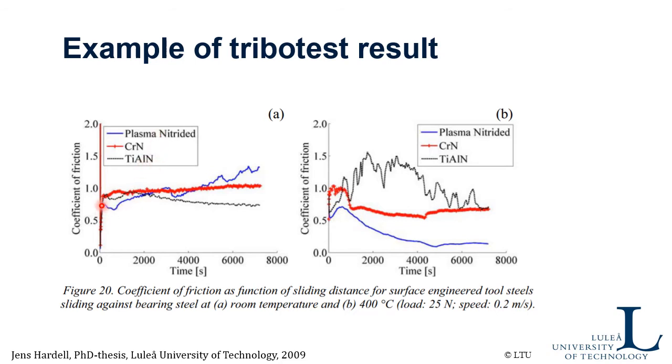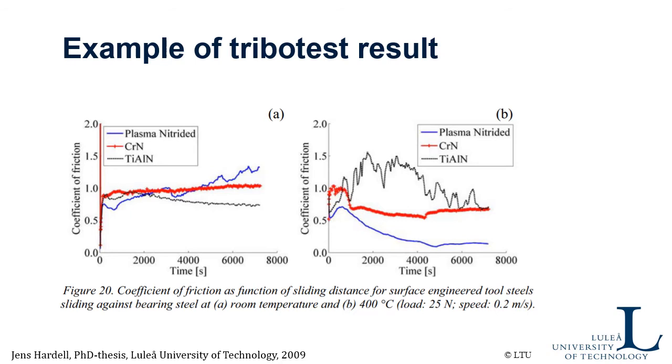In this case the friction coefficient is very high because it was a high temperature experiment. But from the behavior you can see that, for example, the blue case varies very much with time, while the red one is more constant, and for the dotted line the friction goes down with time. So from a test like this, you may find out what happened here.